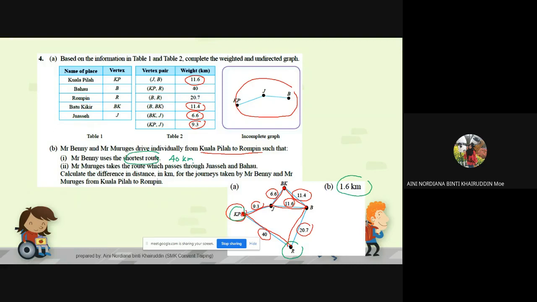Mr. Murugas passes through Juasseh and Bahau, which is 41.6. So to get this answer, 41.6 minus 40. Okay, can? Can.